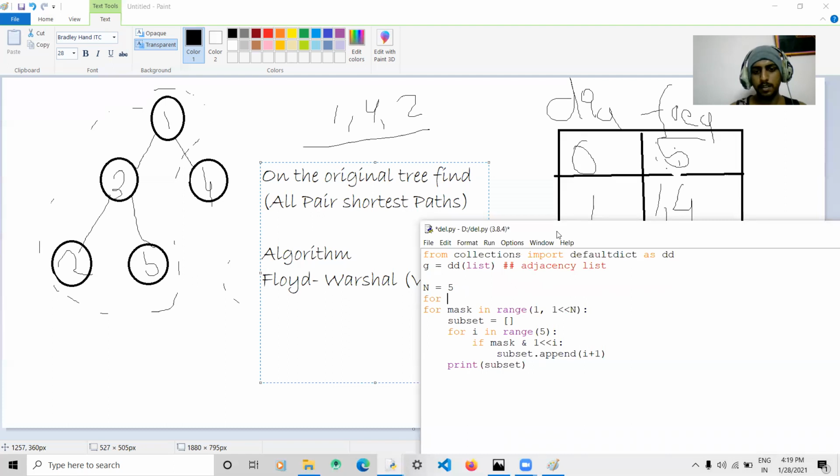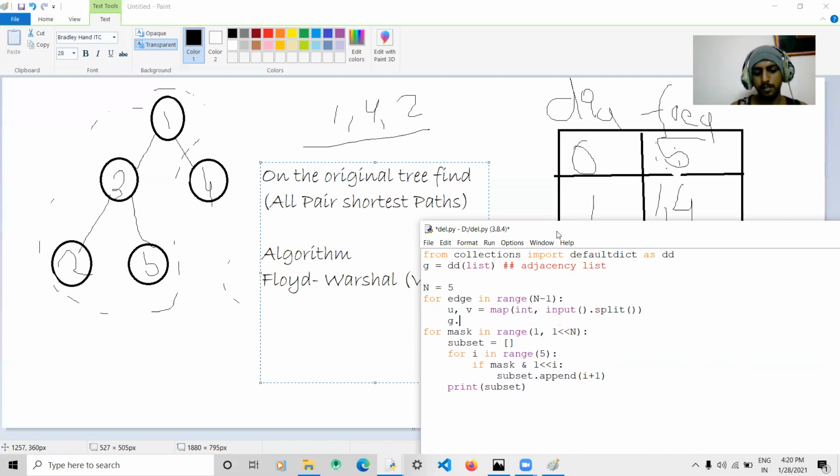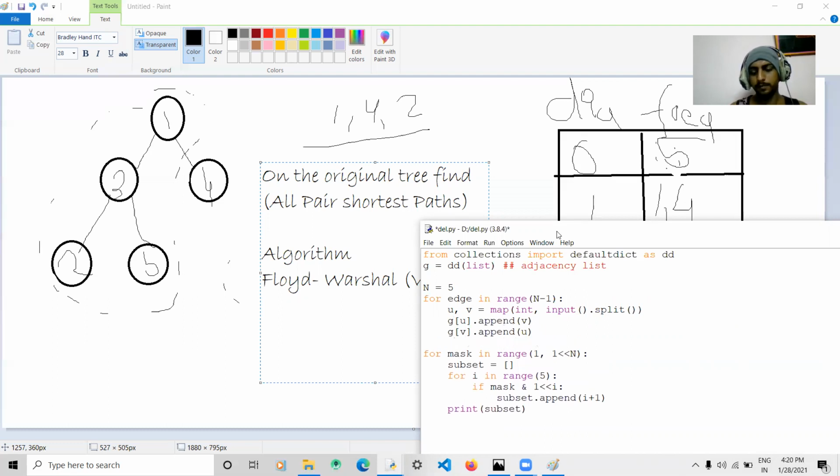So for edge in range n minus 1, because there are n minus 1 edges, take the edge u, v, and form the graph: gu dot append v and gv dot append u.